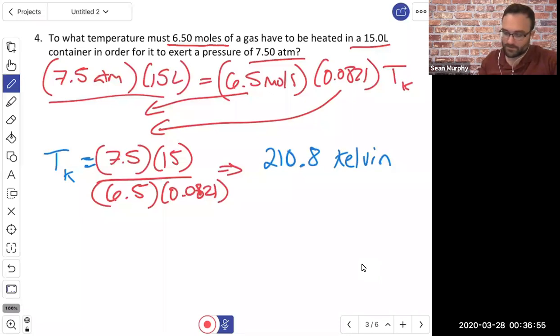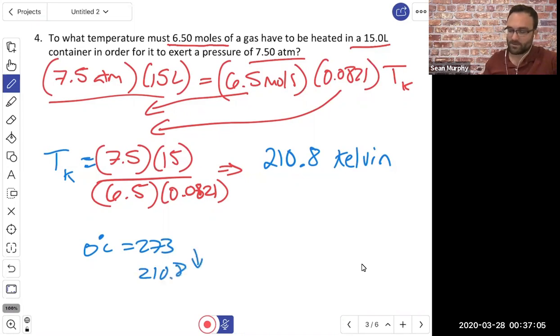If 0 degrees Celsius is 273, and we ended at 210, how much did we go down by? So let's do some quick subtraction. We went down negative 62.2.